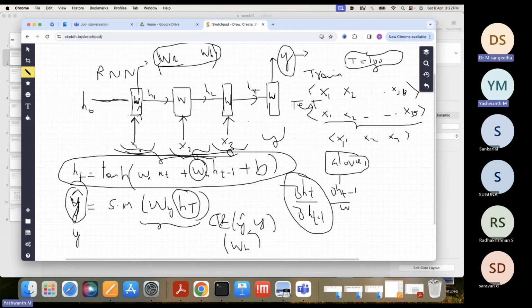Y is your ground truth data, and you do a cross entropy loss of y and y hat. Now, y hat, remember, is a function of your WX and WH only, which I have written as W.